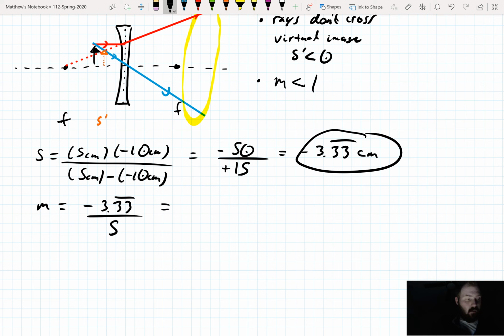And for the magnification, hold on, I've got to be going too fast, it's 0.66 repeating.